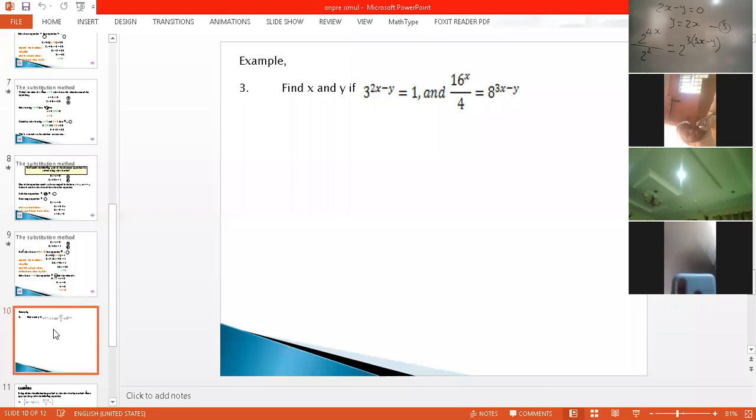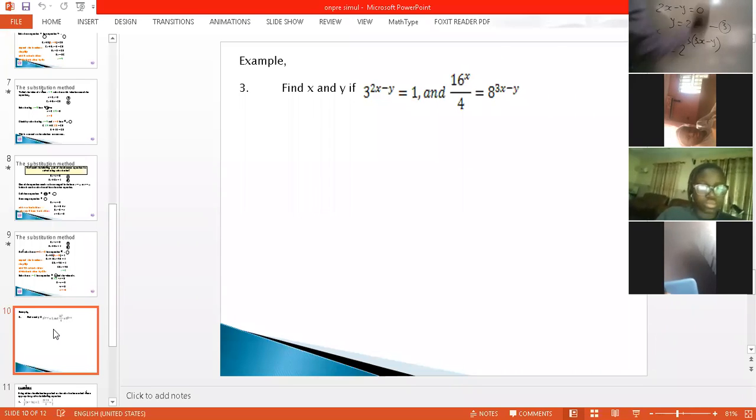Okay. Let me rub the board off. So you have 2 to the power of 4x, and from indices, because they are dividing, it will become minus 2, equals to 2 to the power of 3 into 3x minus y.